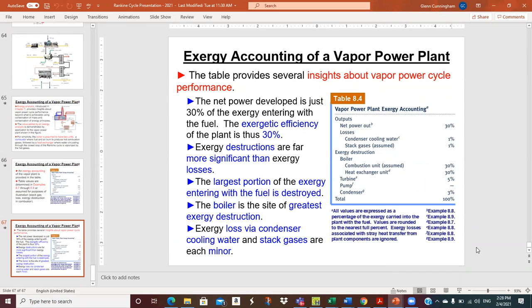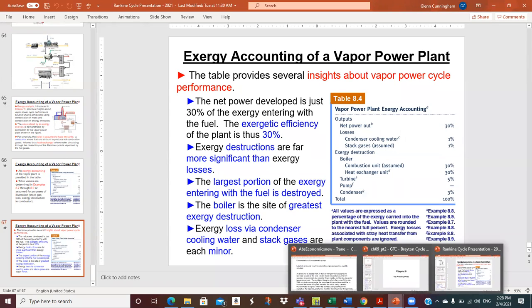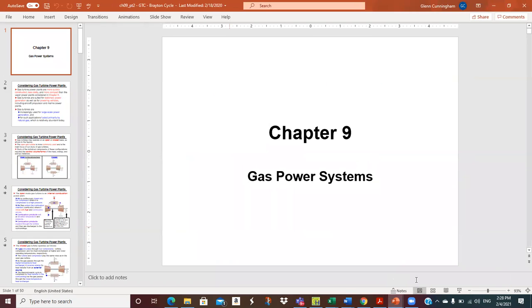Okay, so how are we doing here time-wise? We got a few minutes. So our next topic to tackle is the Brayton cycle.